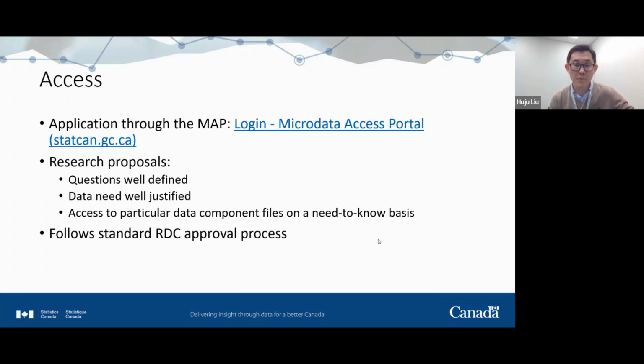But for example, for a project that only needs to look at the individual side, we will give you access to the individual component only. We're not giving you the business side data. So the access will be on a need-to-know basis, and it basically follows the standard RDC approval process.